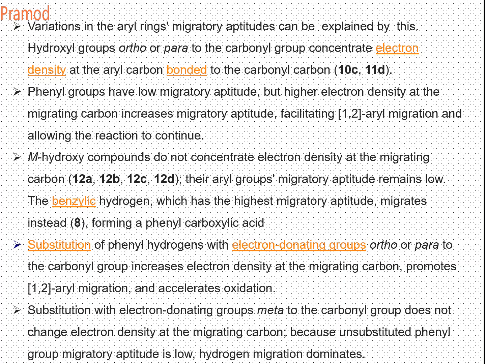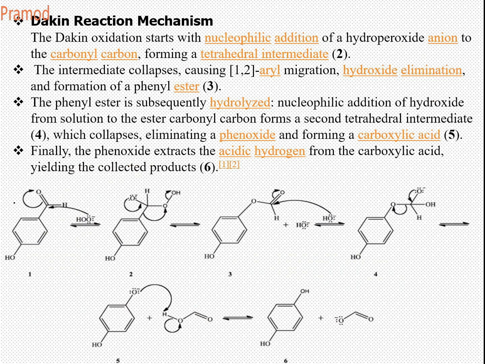A meta hydroxy, as I said, will not have any effect. An electron donating group at the ortho and para positions increases the electron density at the migratory carbon, which favors migration. So what is the migratory carbon here?